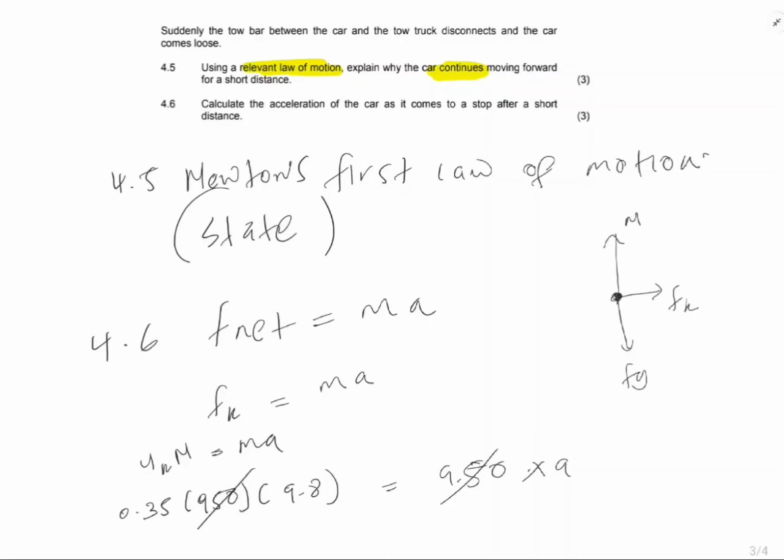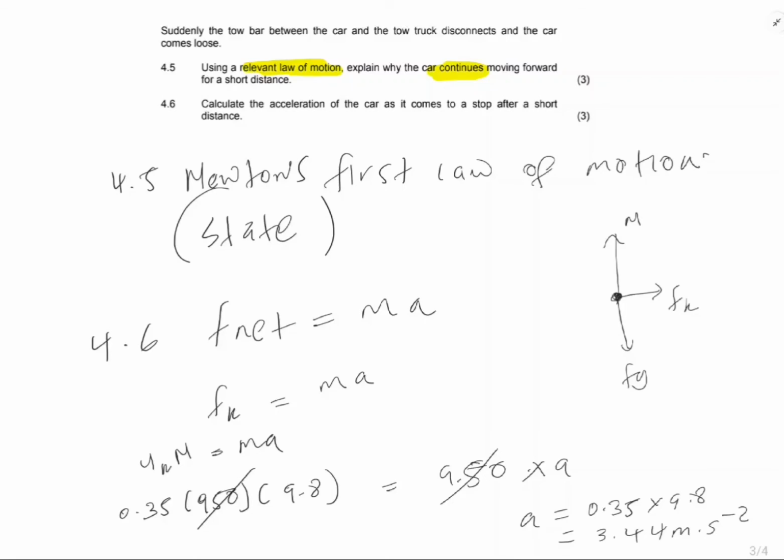So the mass cancels out. Our acceleration now is equal to 0.35 times 9.8, which equals 3.44 meters per second squared. Yeah, this is it, guys.